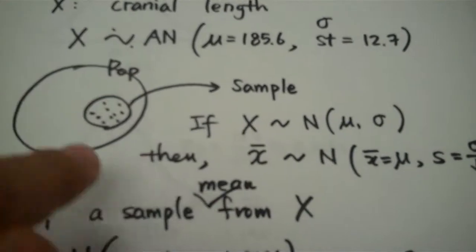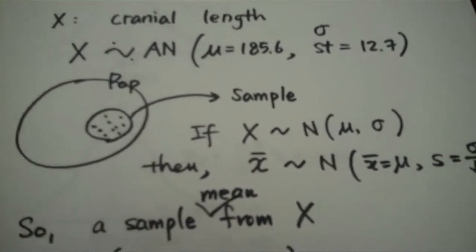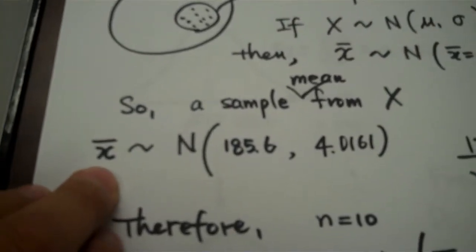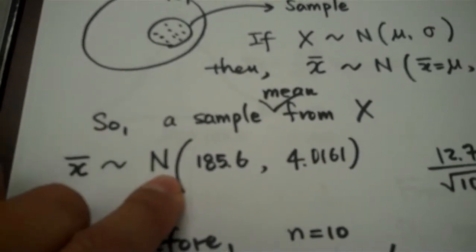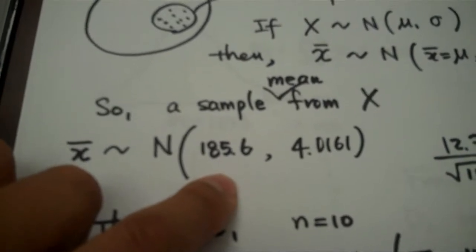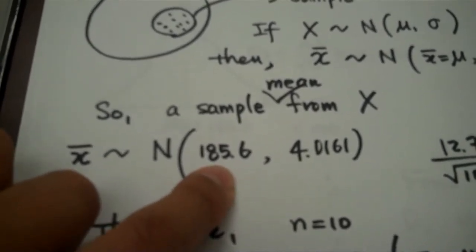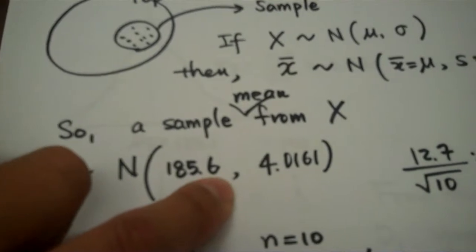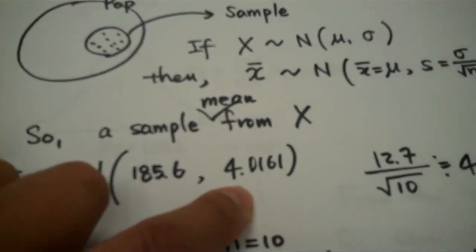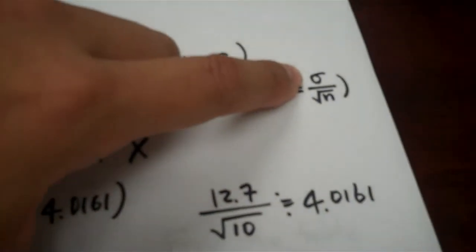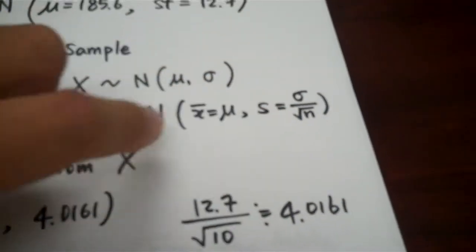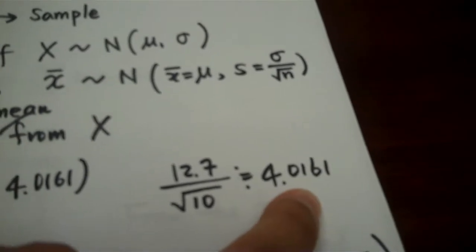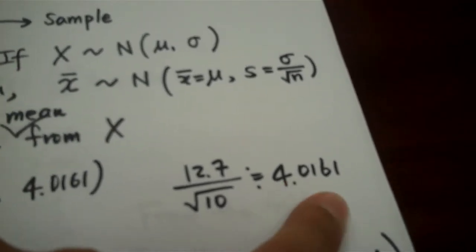Using that, the sample mean x bar follows a normal distribution with mean 185.6, and its standard deviation is the population standard deviation divided by the square root of the sample size. The sample size is 10 in the question, so I use 10 here. That is approximately 4.02.